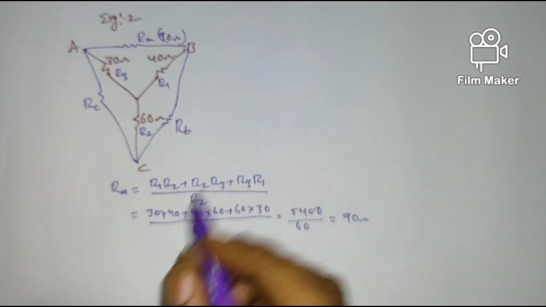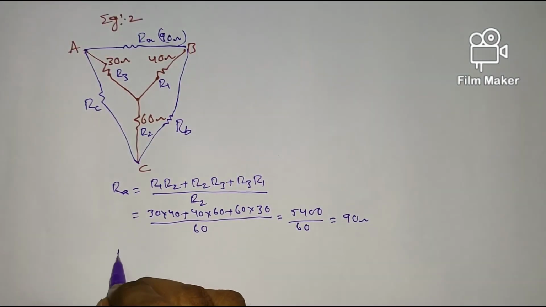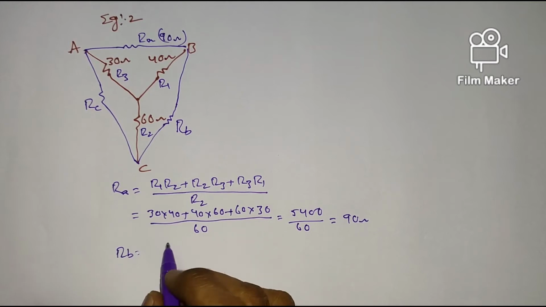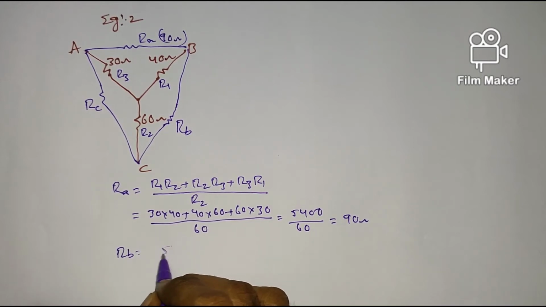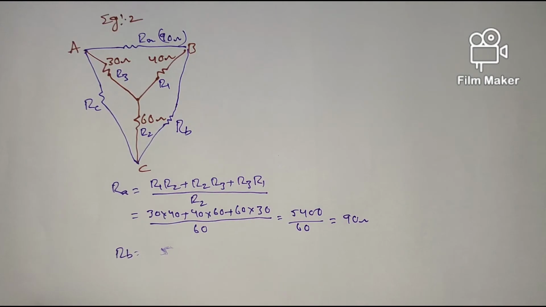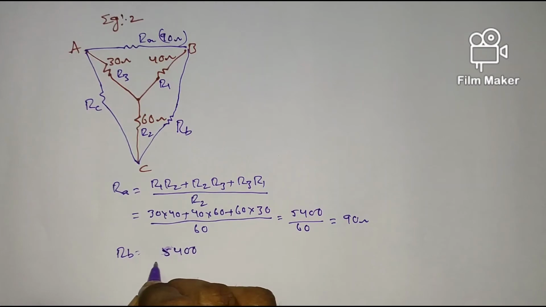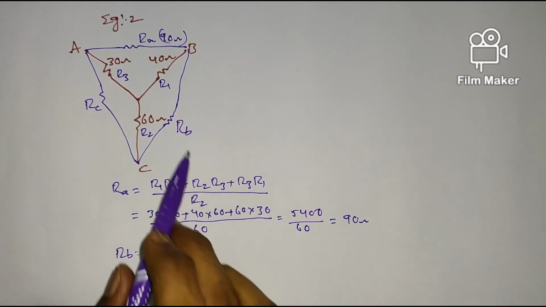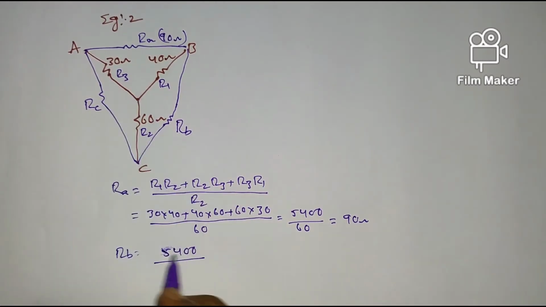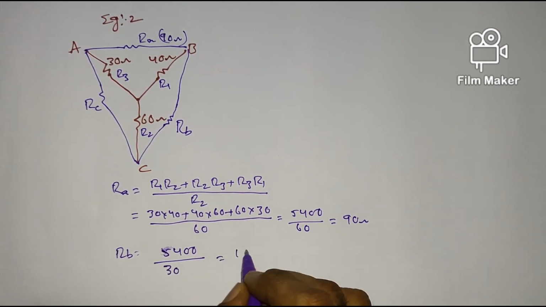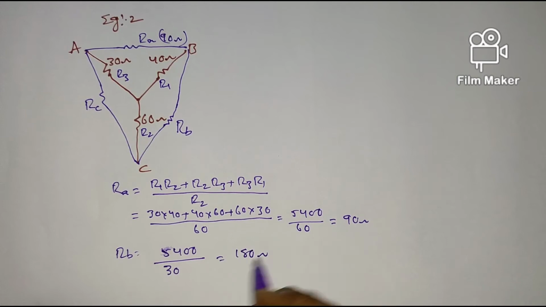Similarly, the value of RB, if you calculate, the numerator remains the same, R1 R2 plus R2 R3 plus R3 R1, divided by, in order to find out the value of RB, you have to consider the opposite resistance 30, and this is equal to 180 ohms.